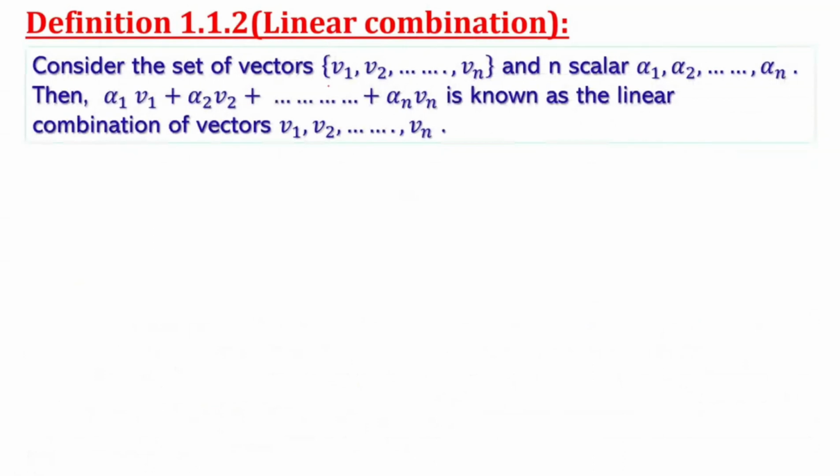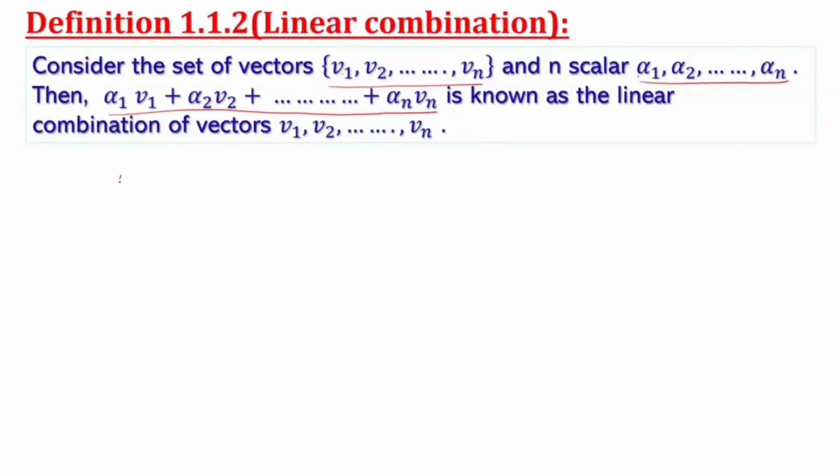If you have a set of vectors v1, v2, ..., vn, and n scalars alpha 1, alpha 2, ..., alpha n, then the expression alpha 1 multiplied by v1 plus alpha 2 multiplied by v2, and so on, is known as the linear combination of the vectors v1, v2, ..., vn.